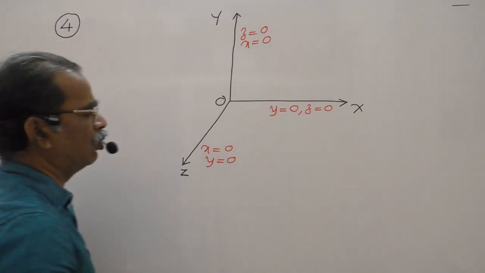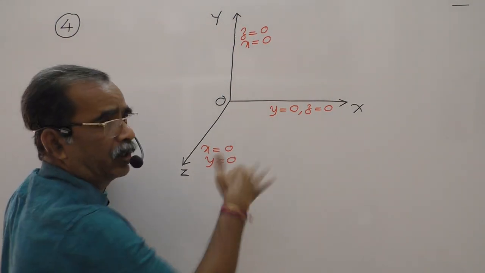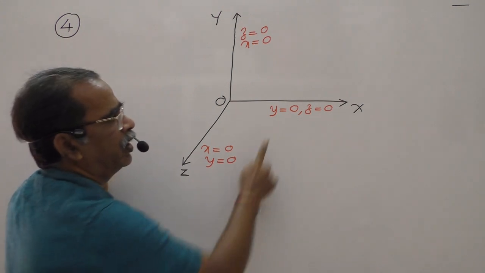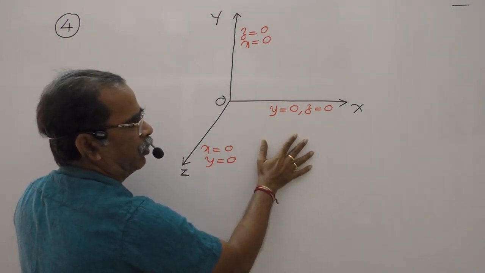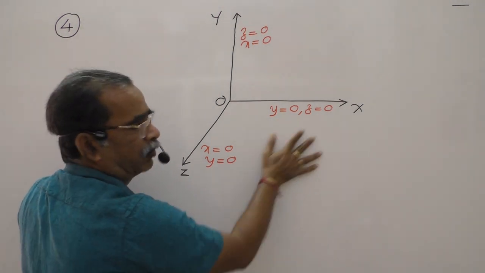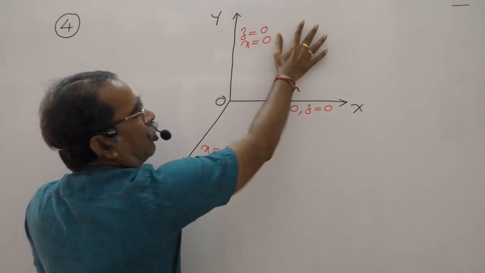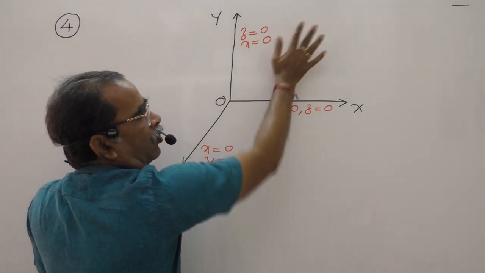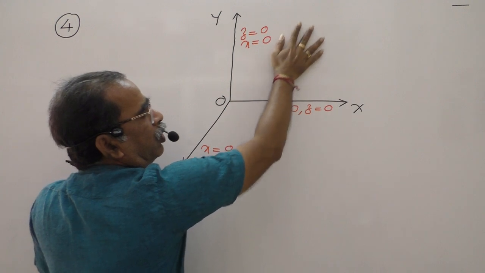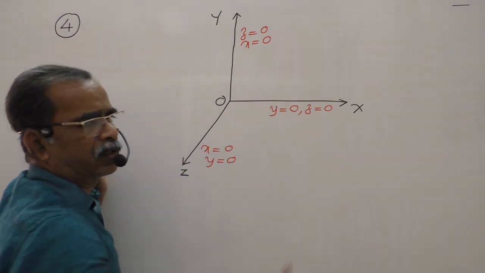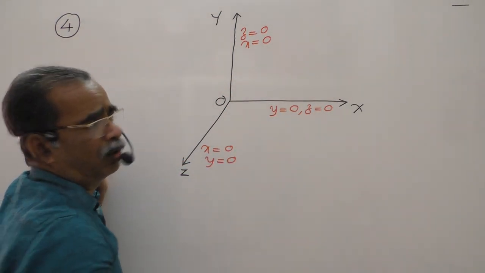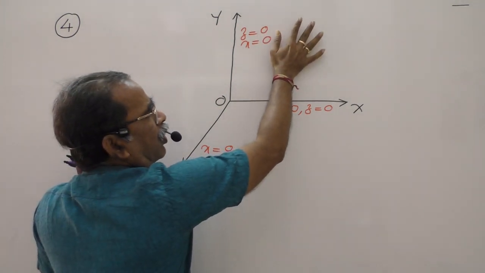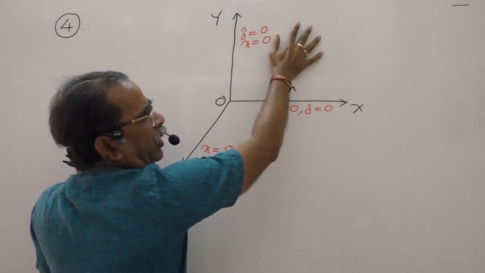See, y equal to 0, in the last video we have seen, is the equation of the zx plane. z equal to 0 is the xy plane. In the xy plane, if you take any point, its z coordinate will be 0. That is the condition for all the points on the xy plane.